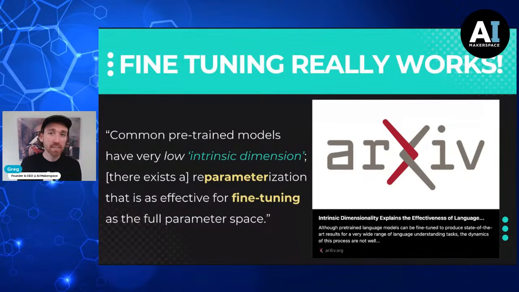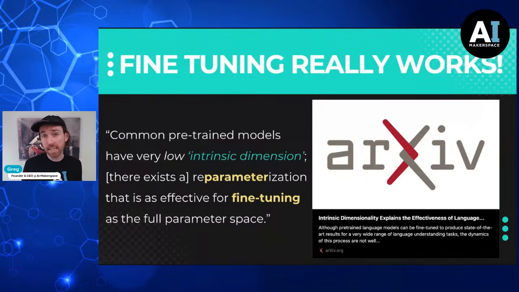Intrinsic simply means essential. That natural dimension of things that matter when it comes to the behaviors we want the model to exhibit is what we're really focused on. So we can actually change not every single parameter a whole bunch, but just those key parameters.